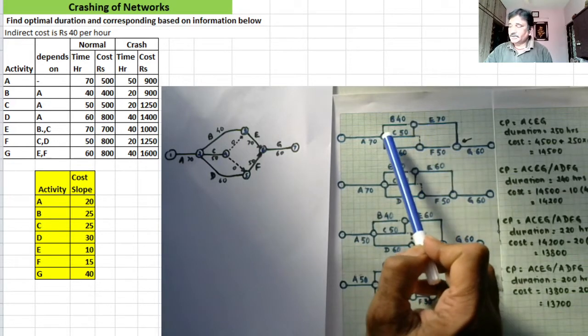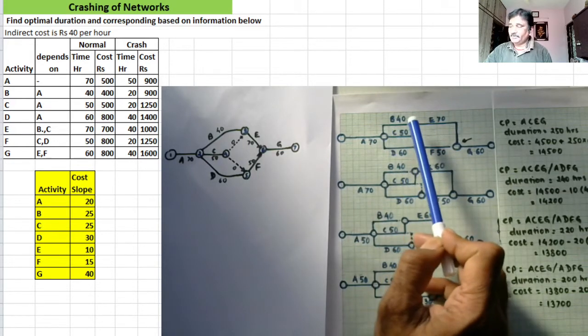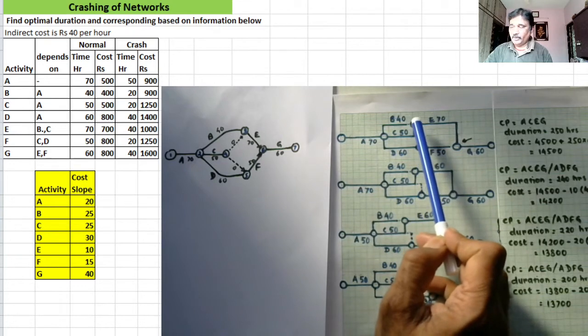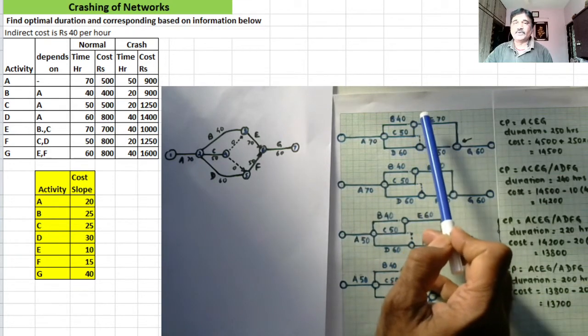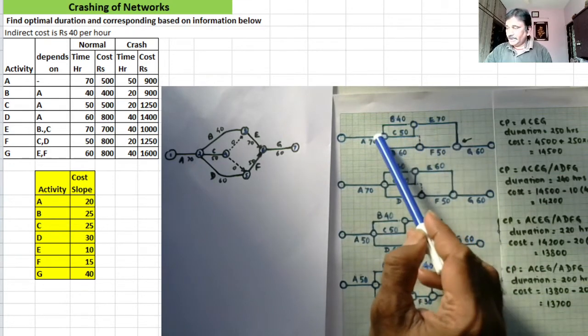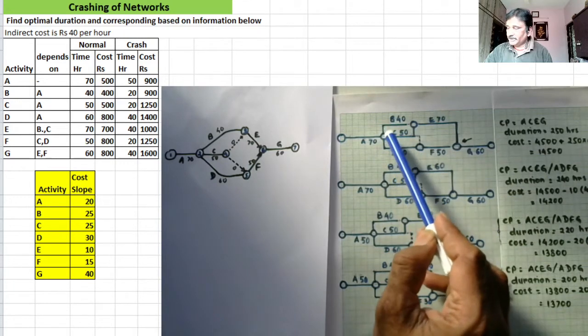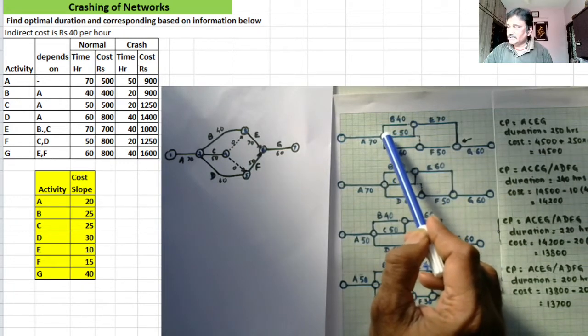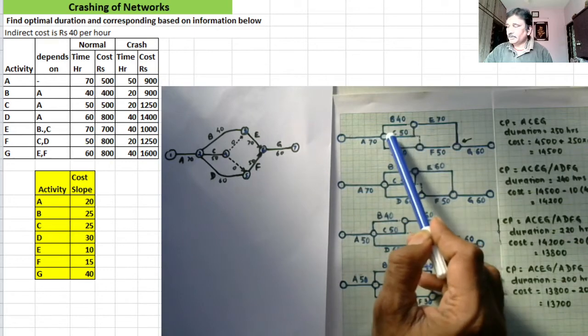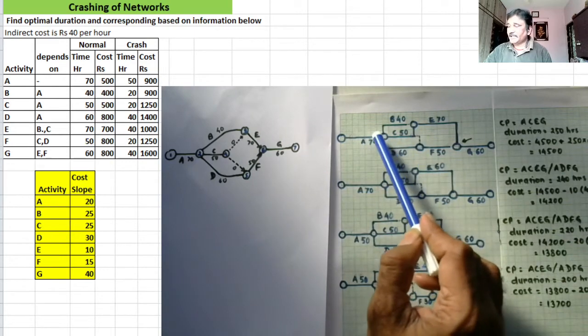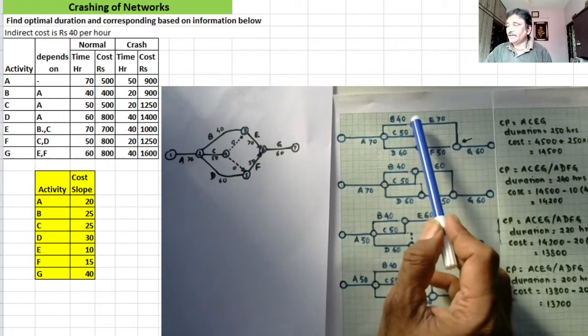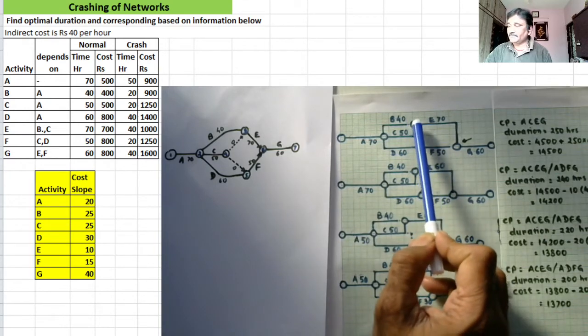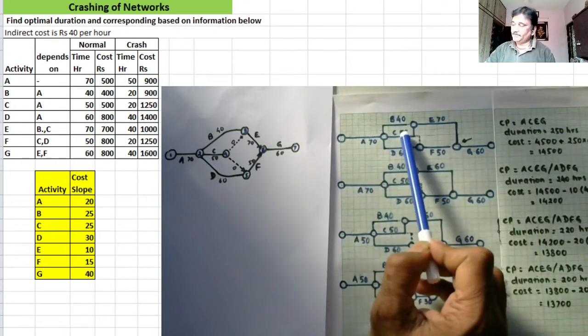Now I know that activities B and C will join at a node, after which activity E will start. So activities B and C will join 50 hours later at this node. On the time scale, they will join at 120 hours, that is 70 plus 50.